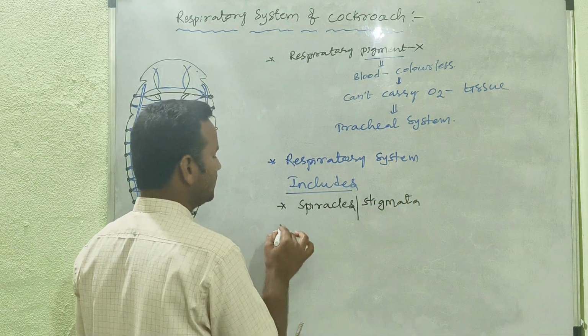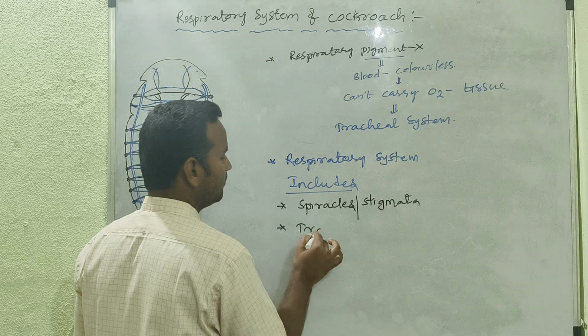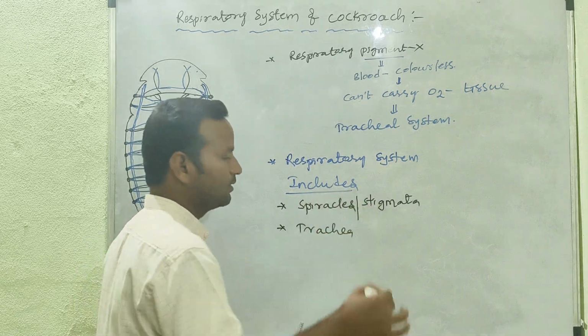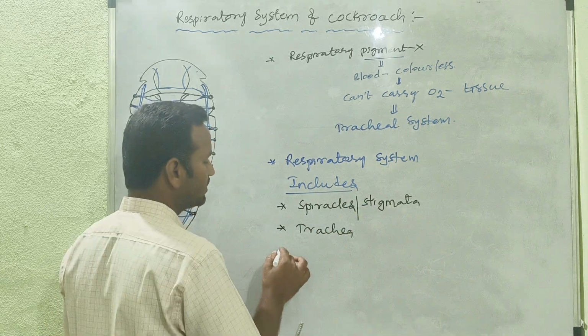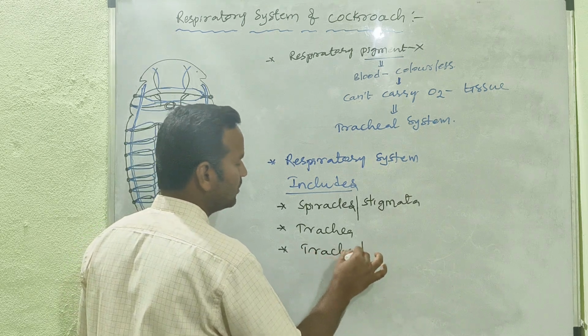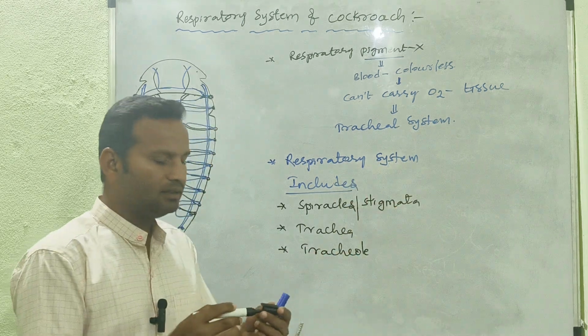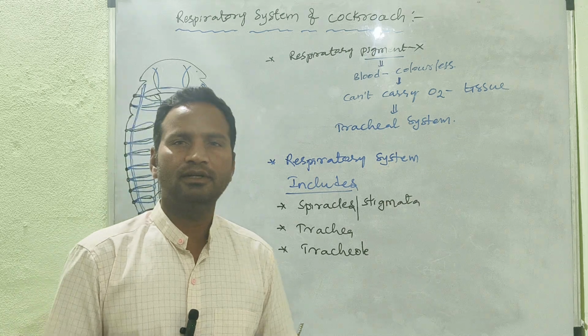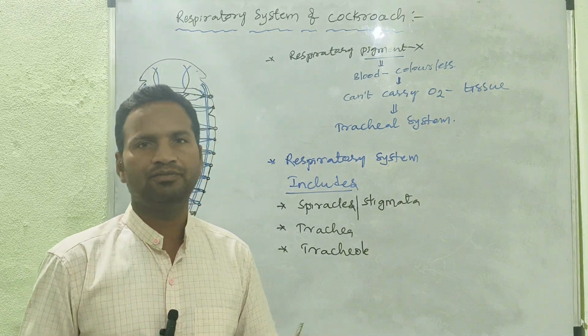Then the next one is trachea. The third one is tracheole. These are the parts of the respiratory system in cockroach.